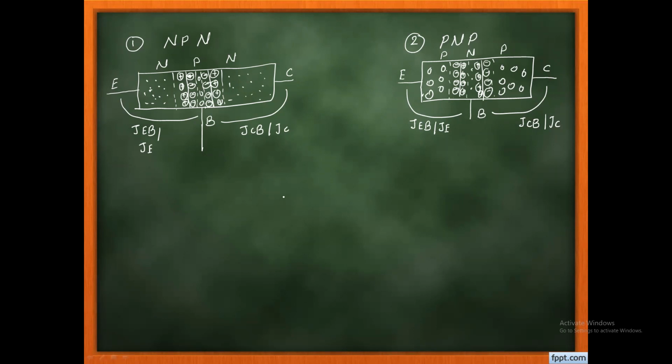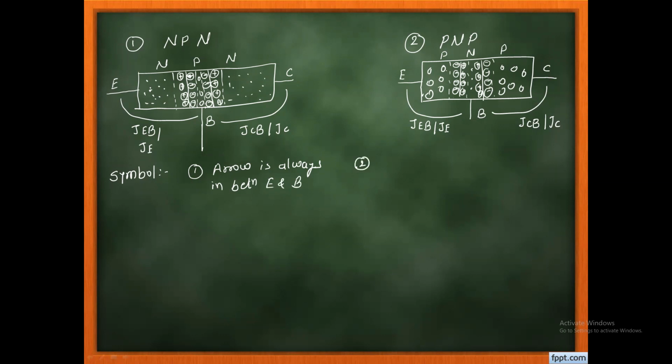Get it, my point? And if I want to see the symbol of both the transistors, once again, while drawing the symbol, two criteria should be fulfilled. Number one, the arrow in the symbol is always in between emitter and base.